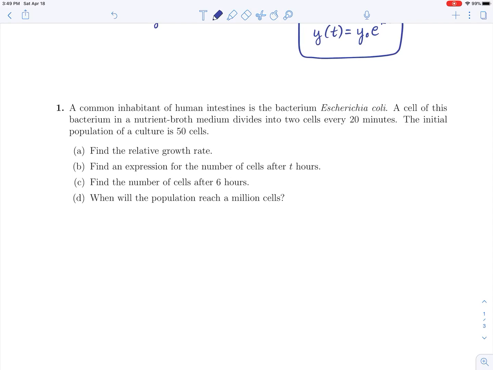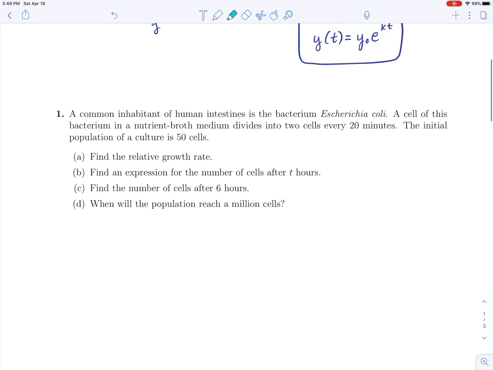A common inhabitant of human intestines is the bacterium E. coli. A cell of this bacterium in a nutrient broth medium divides into 2 cells every 20 minutes.